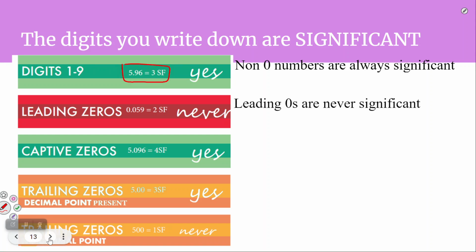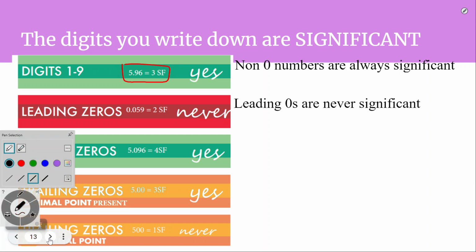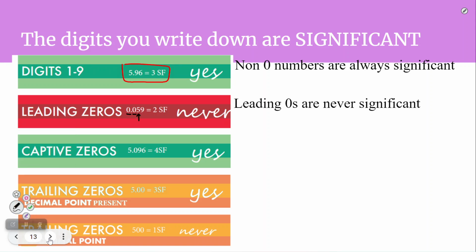Leading zeros. Those are the zeros in front of a measurement, like this and this. That means the measurement was so small that it did not start in this example's case until the hundredths place, which is right here at the 5. So in that case, we have to hold the place value with something. So we're holding it with a 0 there. But that 0 really isn't reporting any measurement. It's just holding the place value.